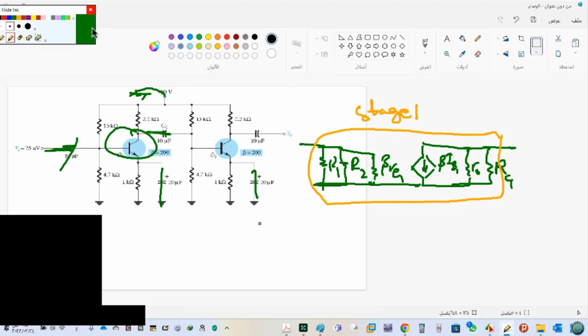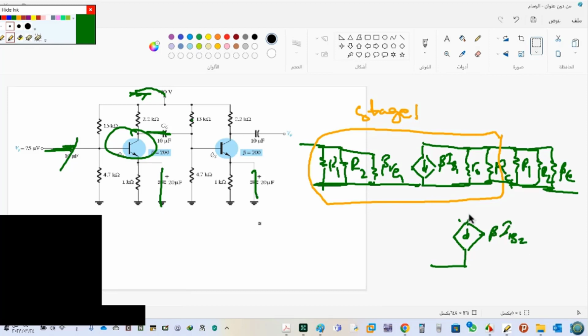Stage 2 is this. Here I have R1, R2, beta RE, then we continue here with beta IB2, RO, RC2.